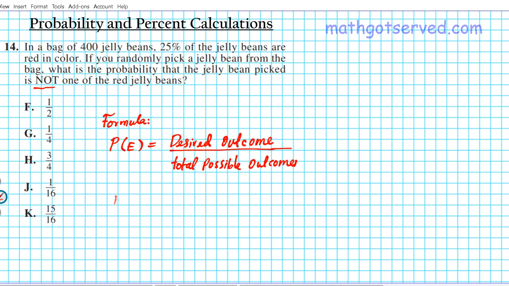If 25% are red jelly beans, then the probability that you pick a red jelly bean is going to be 25% also.